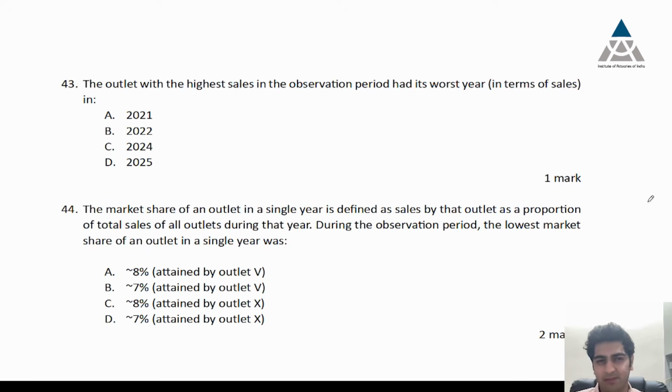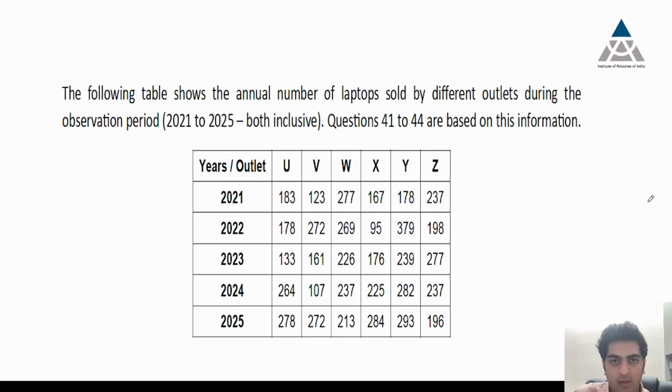Let's move to the third one. So it says the outlet with the highest sales in the observation period had its worst year in. So first you have to find out of the 6 outlets, which outlet had the highest sales across those 5 years. So essentially what you need to do is add the 5 years for each outlet and compare which one has the highest.